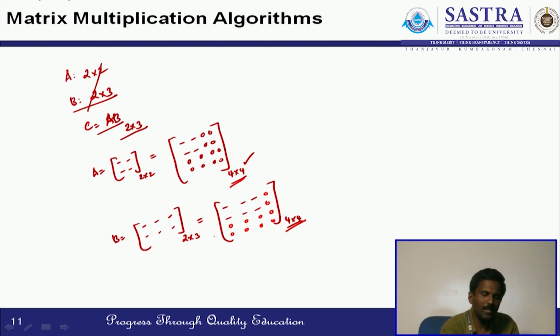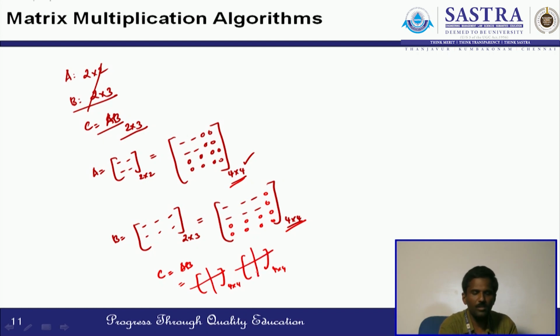Now if we write C is equal to A into B, clearly A takes order 4 by 4 and B takes the same order 4 by 4. As we have done earlier, we can split each matrix into 4 sub-matrices of equal order, say 2 by 2 order.